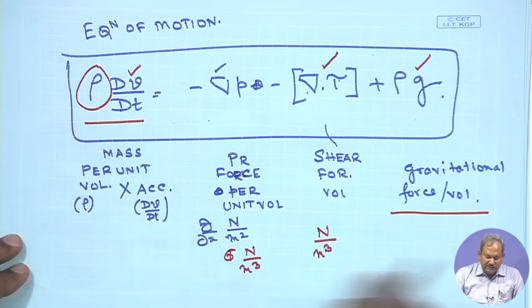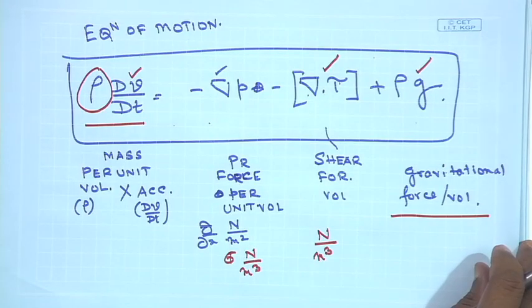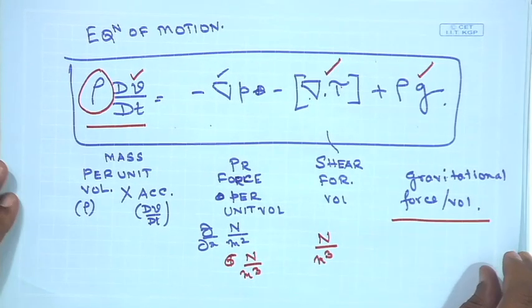So, this is what is commonly known as the equation of motion, and everything possible has been taken into account in here.